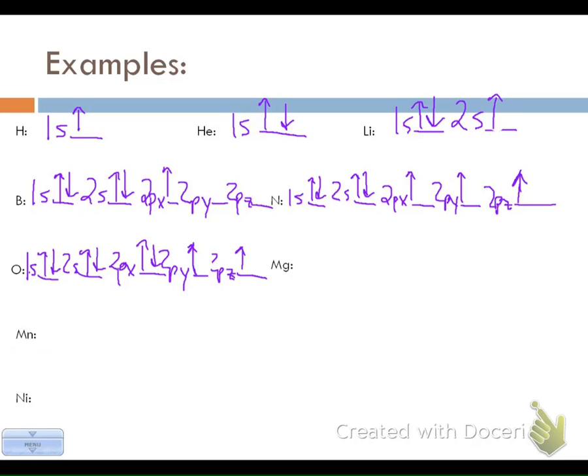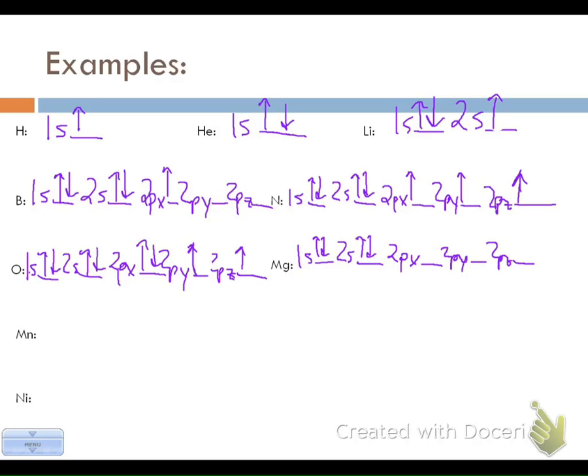Magnesium has 12 electrons. Won't you hit pause and try this one on your own? Use the Aufbau diagram to predict what the next steps would be. Okay, let's check your work. 1s, up, down, 2s, up, down, 2px, 2py, 2pz.